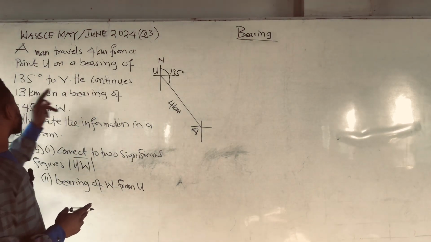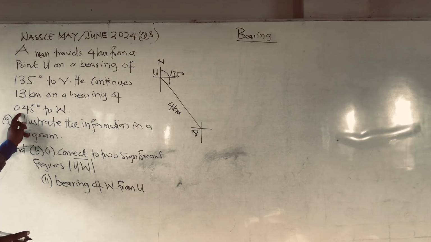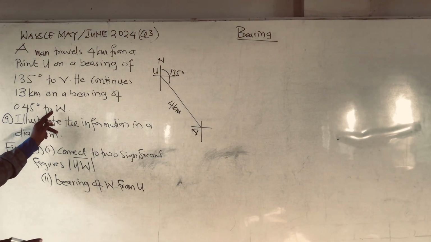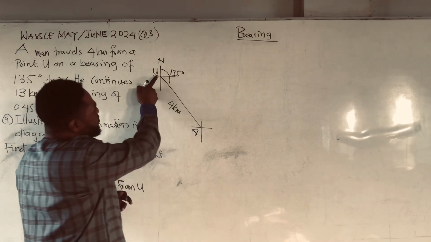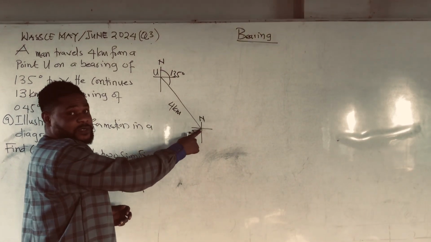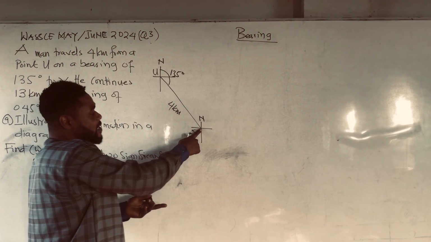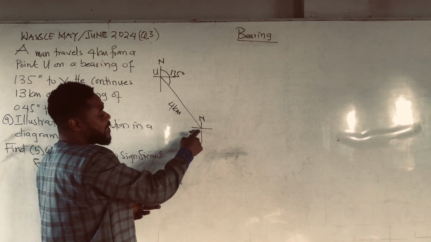He continues 13 kilometers on a bearing of 45 degrees to W. So after he moved from here to here, he continues on a bearing of 45 degrees. So let's take a bearing of 45 degrees at this point.